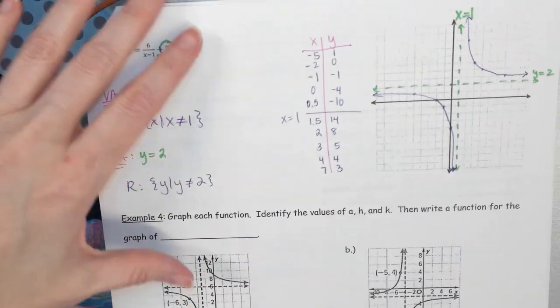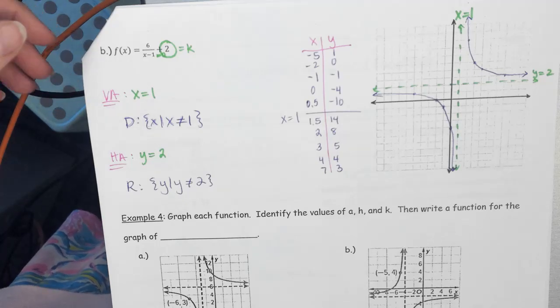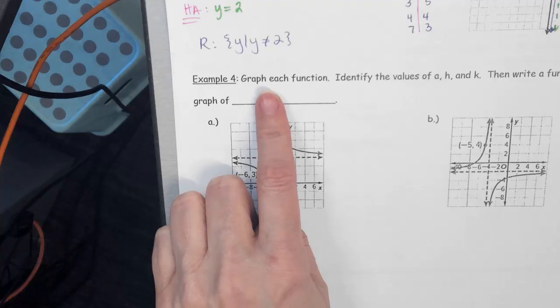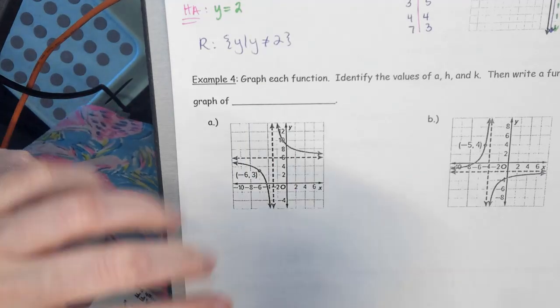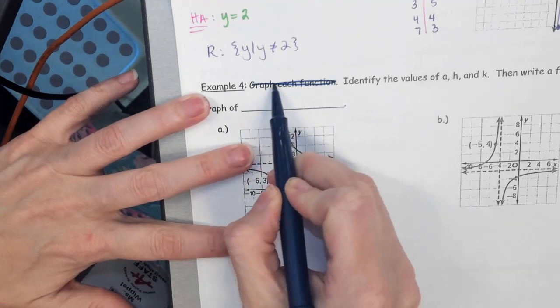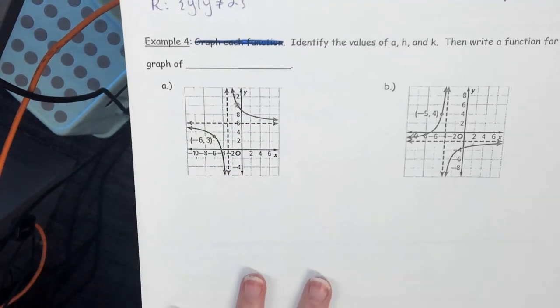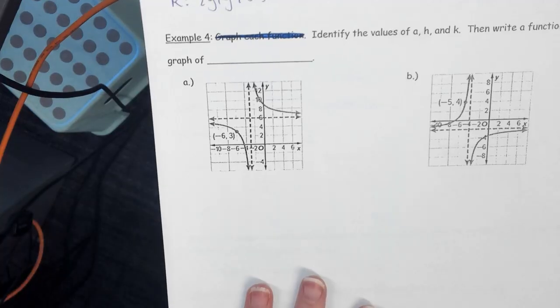All right, now the last thing we're going to learn how to do is how to write a function. Okay, so I left those directions from example 3 and they should not be there. We are not going to graph the function. We are actually given the graph of each function. Okay, so we're going to be given a graph.